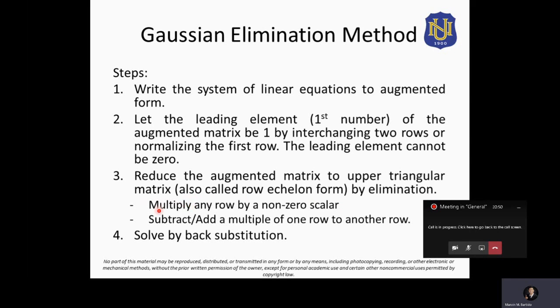Okay, and then after mo siya ma-multiply by that non-zero scalar, we're going to subtract or add yung row na yon na pinagmultiplyan mo to your row na gusto mong mapag-zero nga yung element na yon. Okay, so in our problem, we're going to tackle this. And then after na magawa na natin na upper triangular matrix yung augmented matrix natin, we can now solve the values by back substitution.